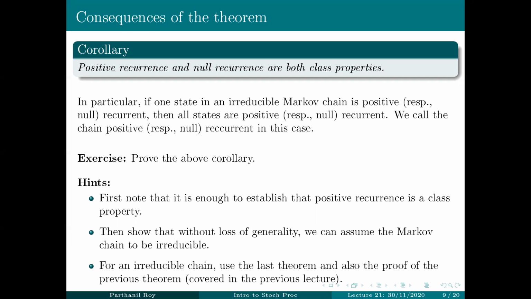And part of the proof of the previous theorem, which was covered in the last lecture, will also become important. So that's all the hint I'm going to give you. You have to now solve it.